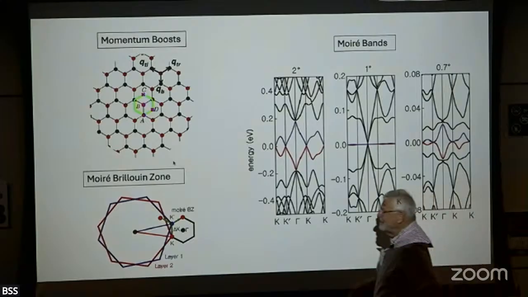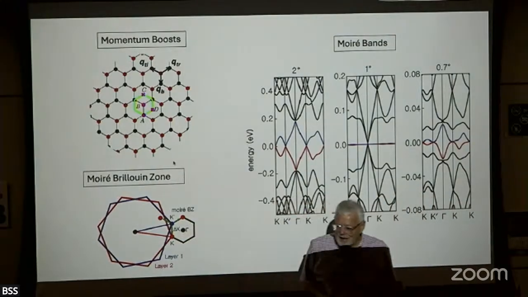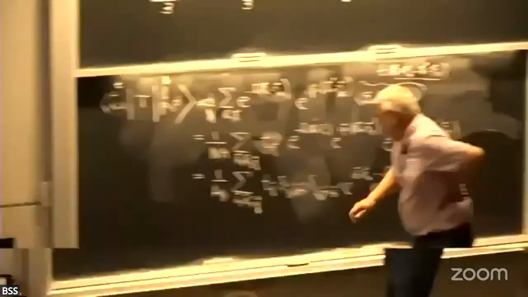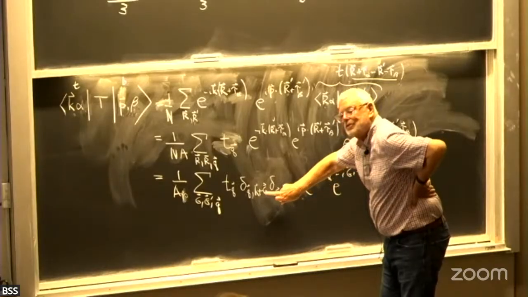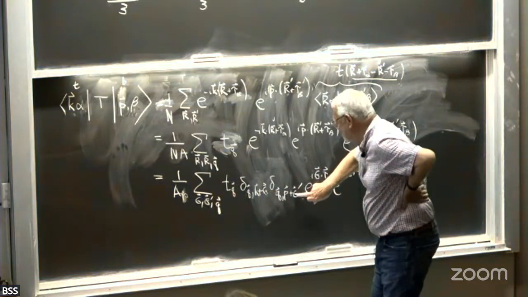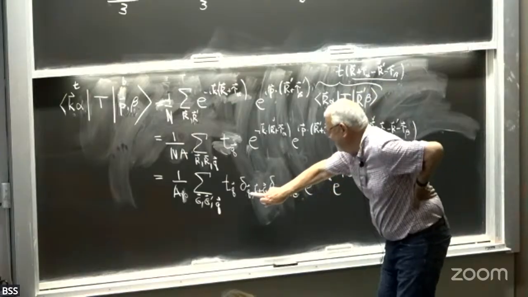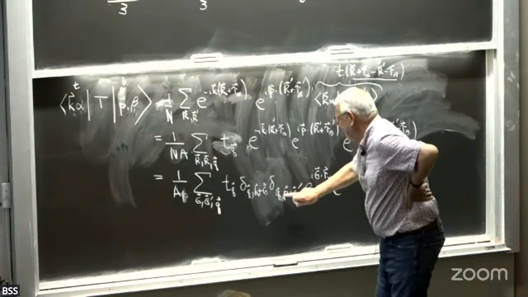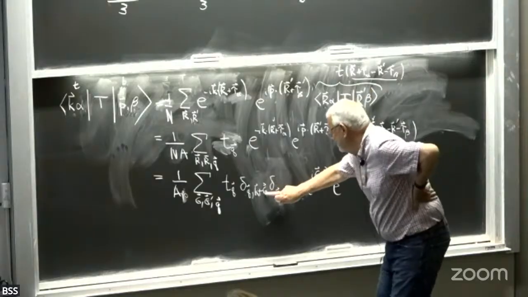So these are the two reciprocal spaces. They're slightly rotated relative to each other. If, for example, I choose the term in this sum where G and G prime are both 0, and let's say K and P are both near this Dirac point, and G and G prime are 0.